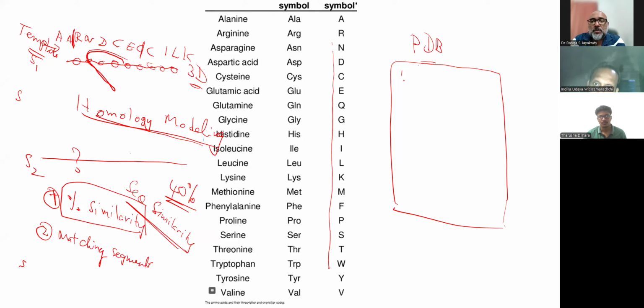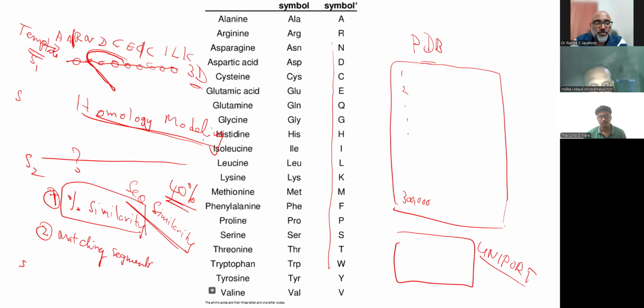So 1, 2, 3 up to 300,000, let's say, is a huge database. And then on the other side we have another database called UniProt. UniProt is the world's largest sequence database.